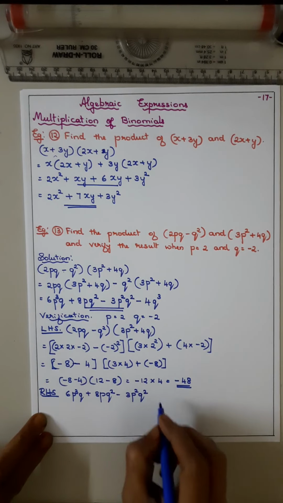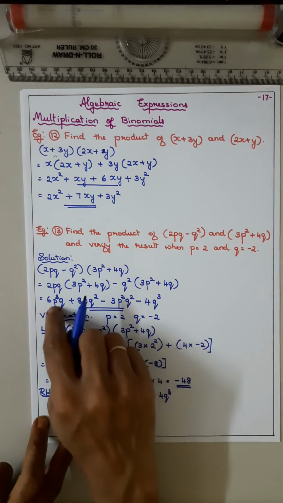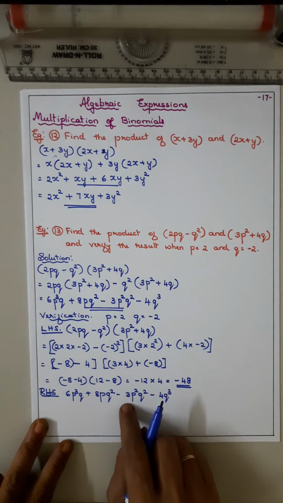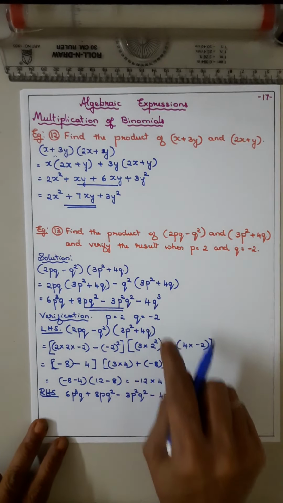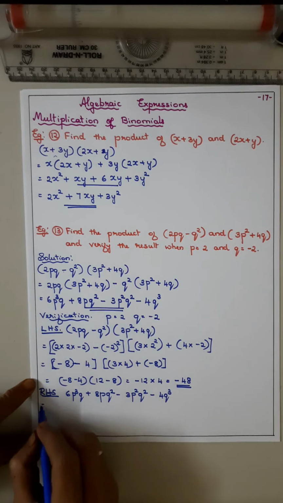Okay, now coming to RHS, that is 6p cube q plus 8pq squared minus 3p squared q squared minus 4q cube. Now put the values.